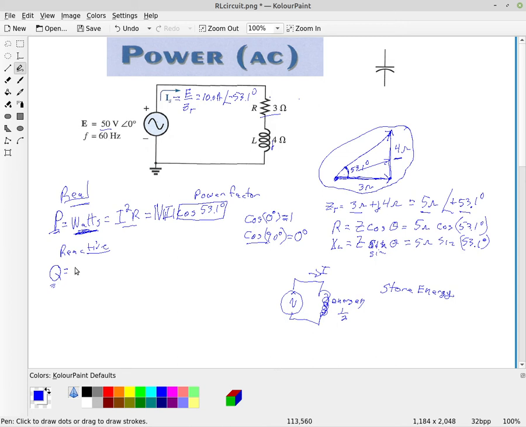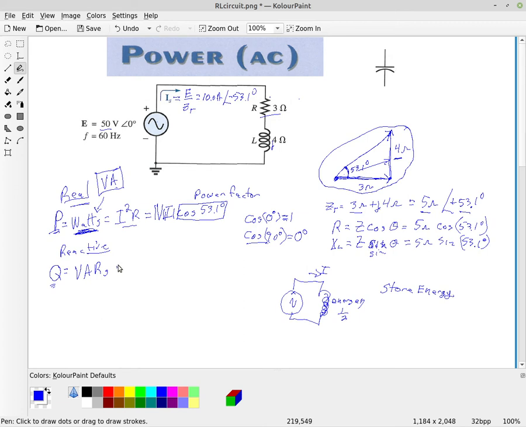So Q represents what we call VARs, that's the unit. Remember, power is volts times amps, and that's the definition of a watt, voltage times amperes. But we only use the term watts for the real power being used. If it's energy being stored, we use the term VARs.